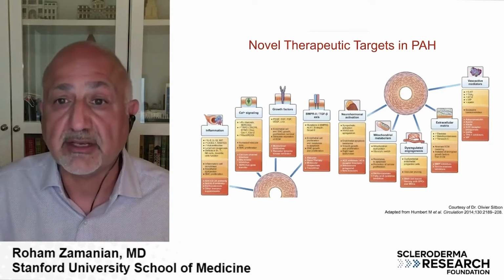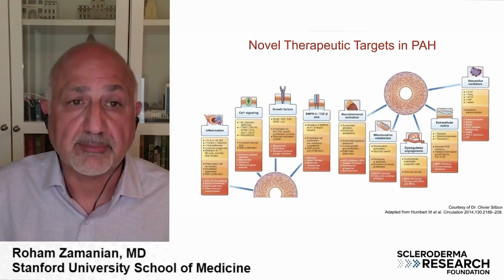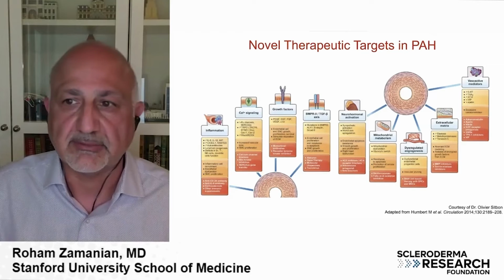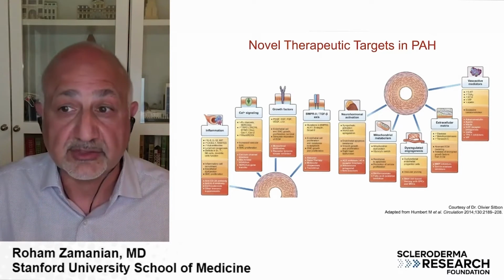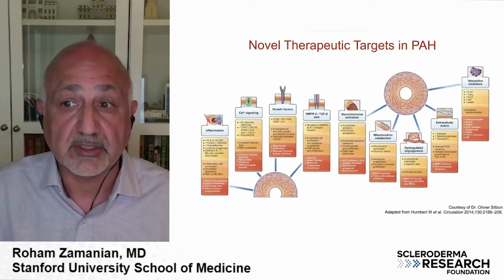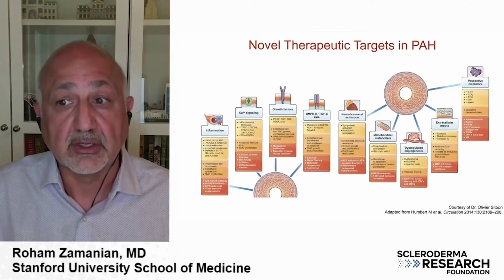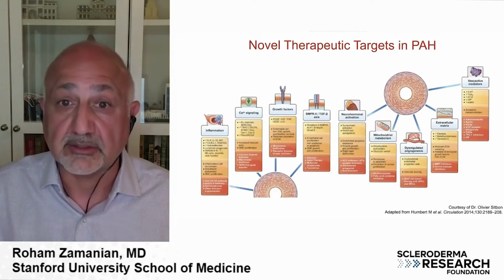So it's very exciting that we're testing now strategies for pulmonary hypertension that have a mechanistic relevance to systemic sclerosis. The others that have the same kind of relevance include the extracellular matrix remodeling agents, elastases and metalloproteinases that are being tested currently now.